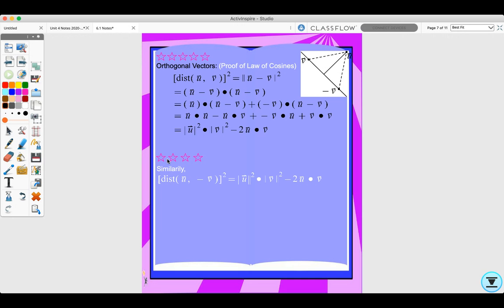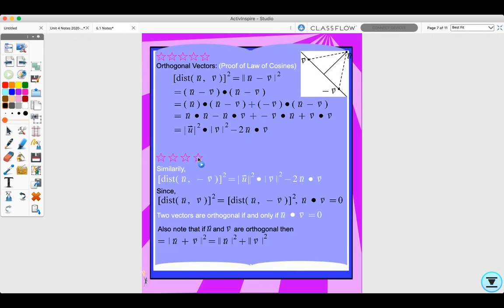Similarly, we have this. Since the distance of u and v squared equals the distance of u and negative v squared, u dot v equals 0. Two vectors are orthogonal if and only if u dot v equals 0.